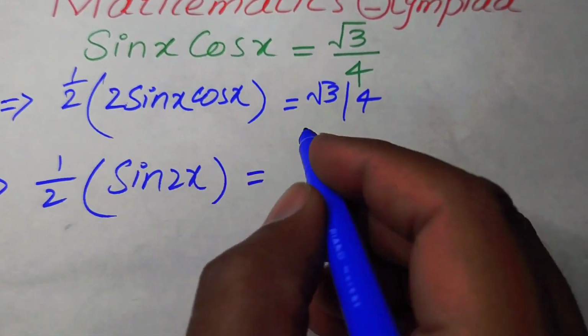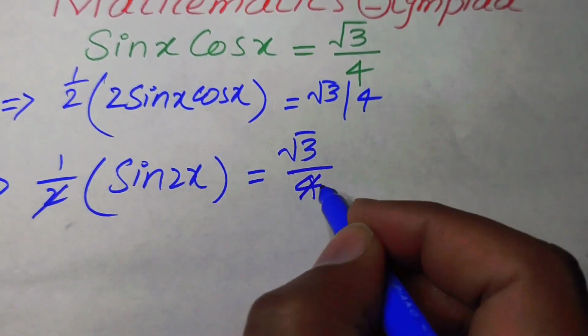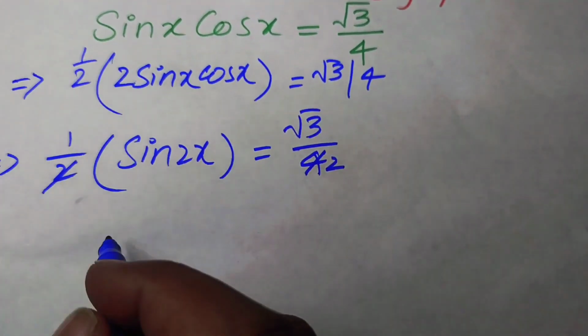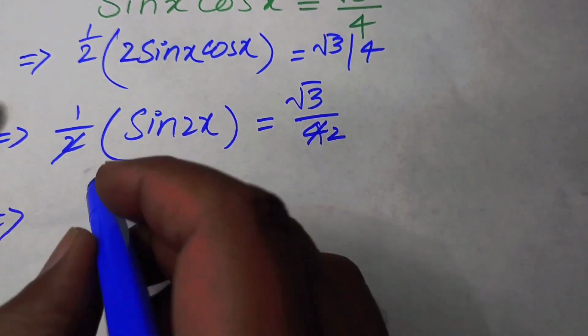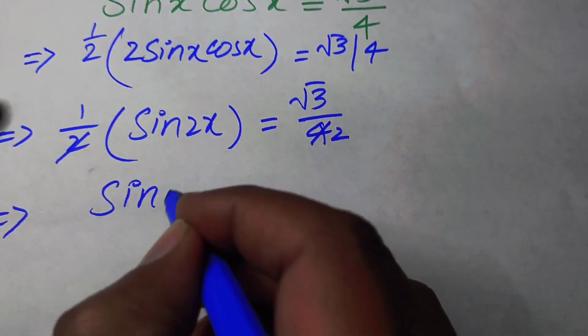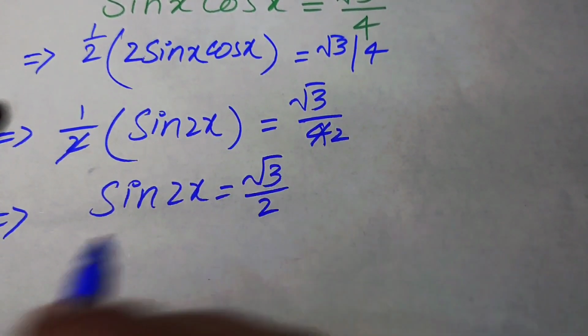to 3 square root over 4, and this 2 is cancelled out by this 4, and we will get the next term in this form. Sine of 2x is equal to square root 3 by 2.